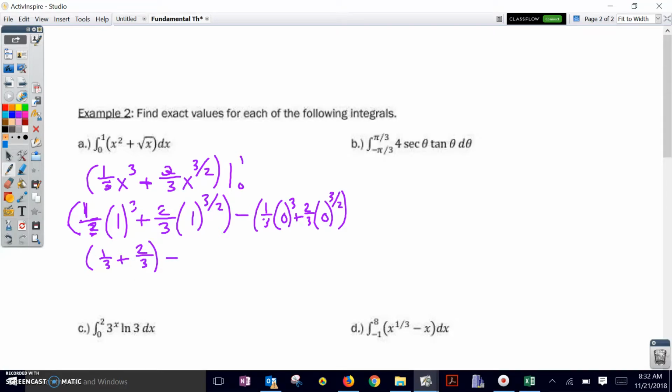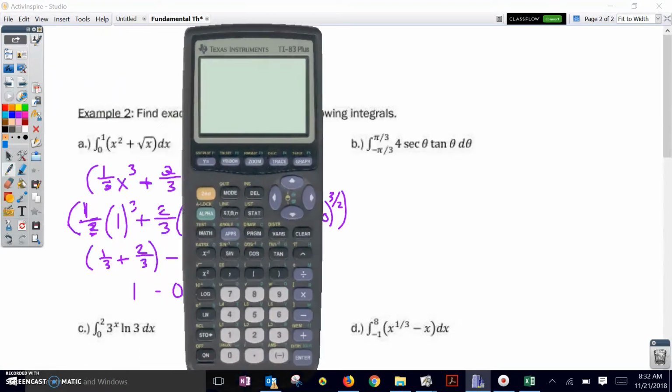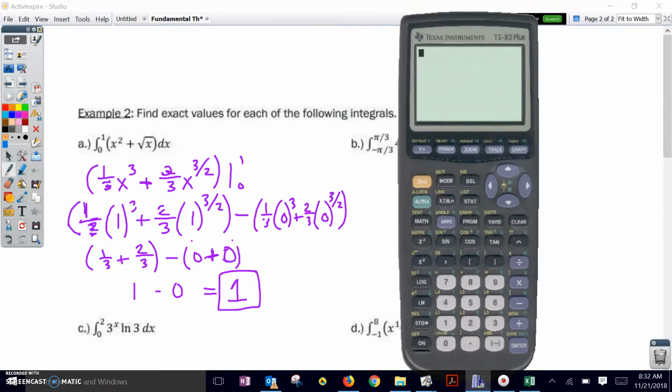And the second ends up being 0 plus 0. And so we end up with 1 minus 0, or 1, for the value of this integral. Now just to double check, we already know how to find integrals numerically on our calculator, so I'm going to double check here, make sure we've done everything right.